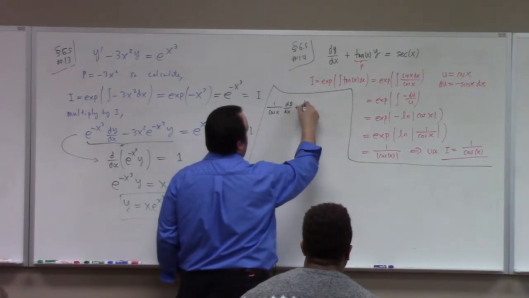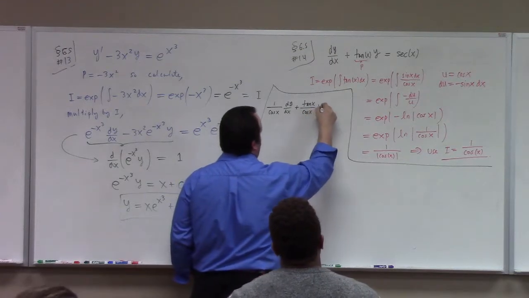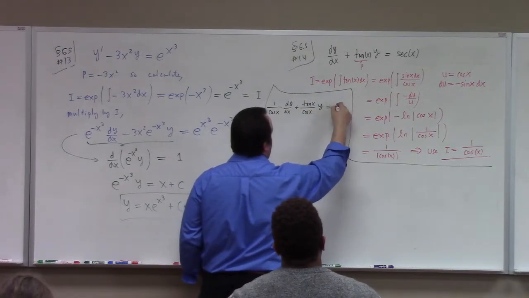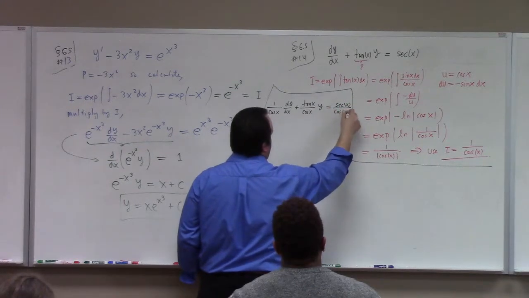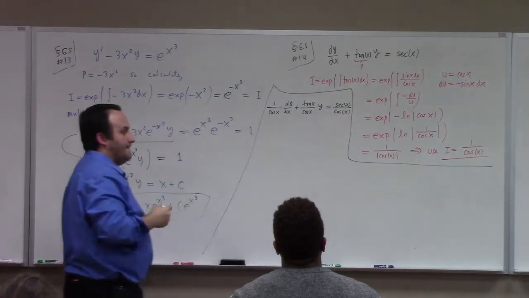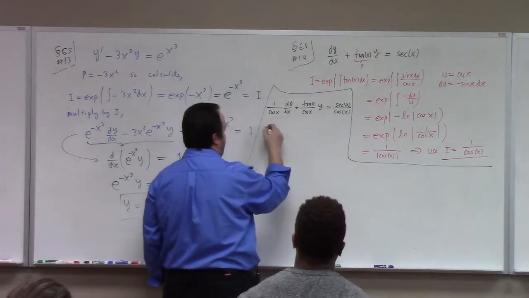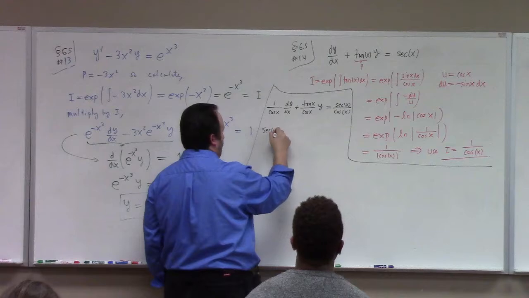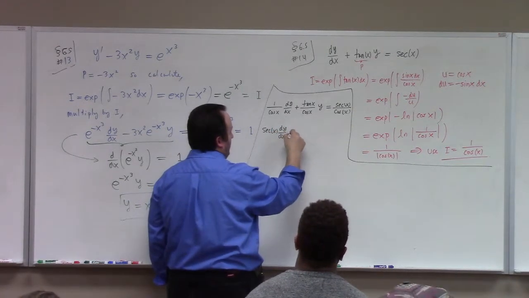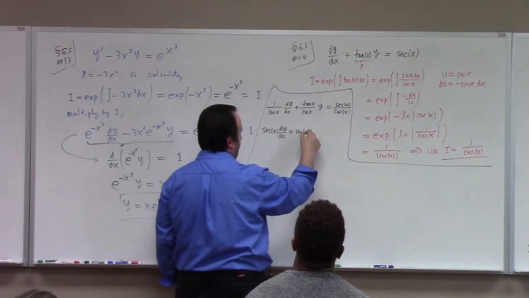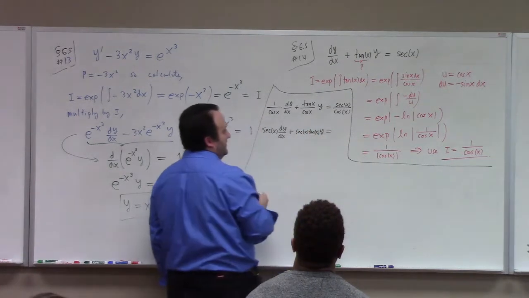Plus tangent x over cosine x y equals secant x over cosine x. Now let me rewrite this a little bit more suspiciously. This is secant x times dy/dx, plus secant x tangent x y equals, what's that?